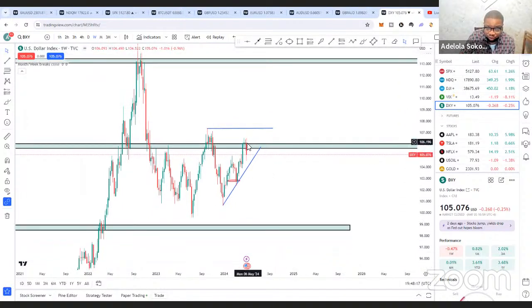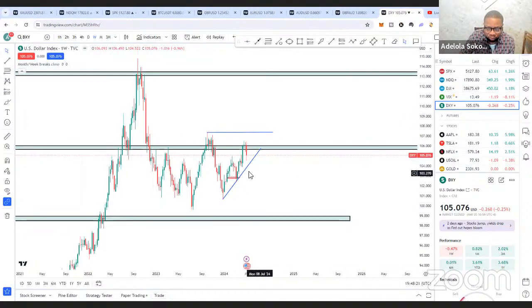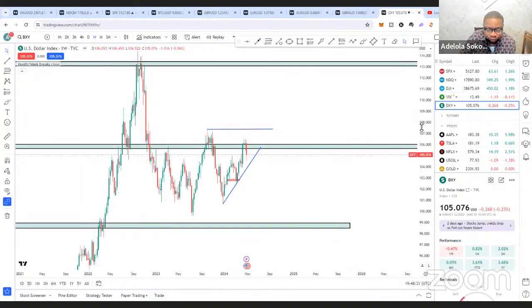As you can see, we have this pullback on this weekly time frame. So price seems to have topped out around there. Okay, energy. Joshua said energy. Thank you. I'll look for it afterwards.